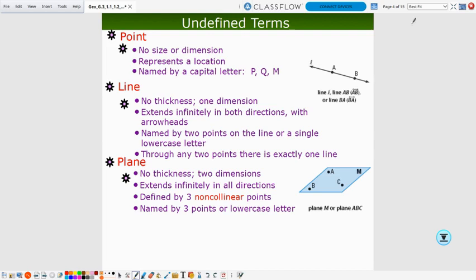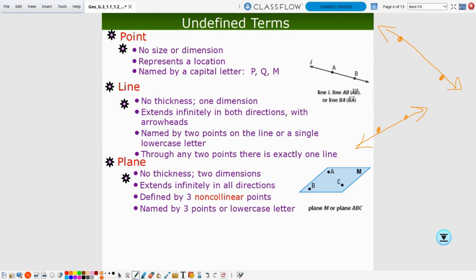So if we were to draw 2 points on our page anywhere, there's only one line that I can draw that is going to go through both points. Now keep in mind the line is straight. Mine was a little wonky there. But again, if I draw 2 points, I can only connect them in one way. There's only one line that goes through those 2 points.